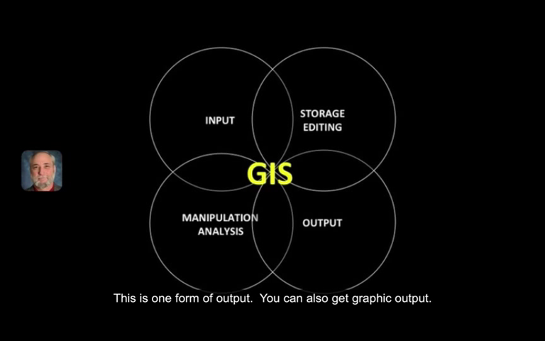You can also get graphic output, tables, charts, diagrams. You can have fly-throughs, literally three-dimensional animated movies showing a fly-through of a terrain. You can even have telephone calls sent to a 911 center. So there are many, many different ways of getting output from a GIS. So the output subsystem, although often underappreciated, I guess, is very, very powerful.